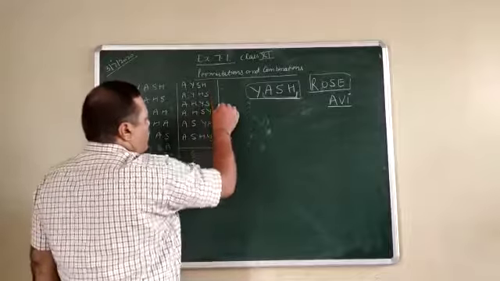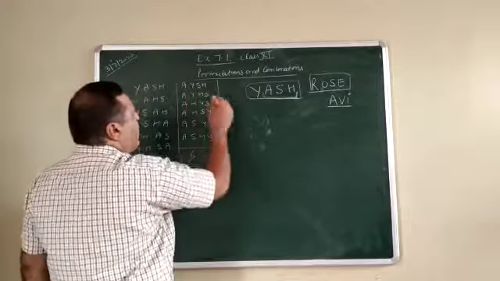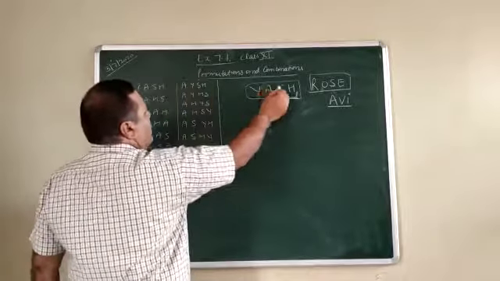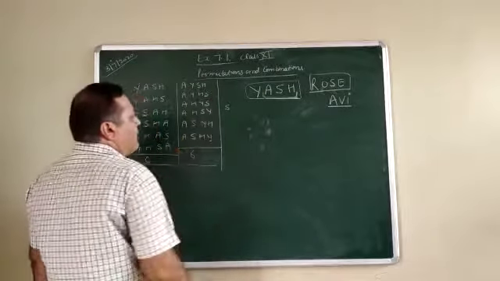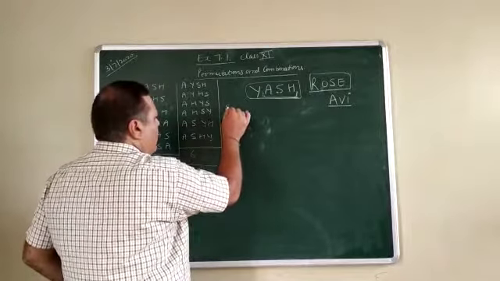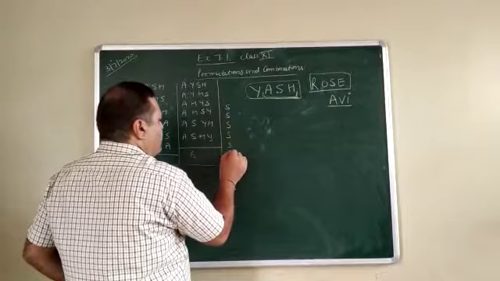Now let us move to the third one. In place of Y and A, now it is the turn to fix S. If we fix S, let us write down S first of all, and again there are 1, 2, 3, 4, 5 and 6.